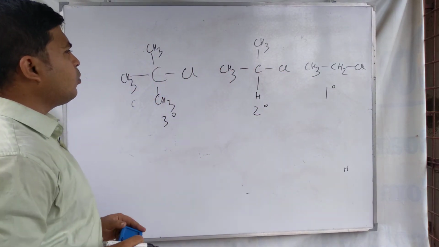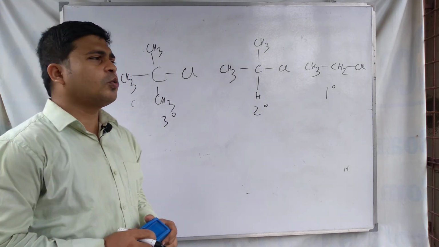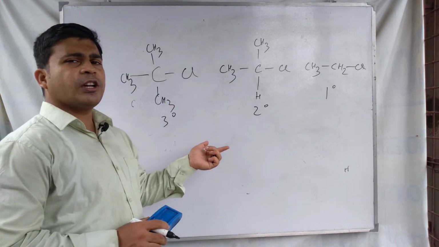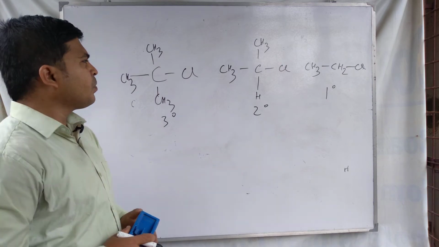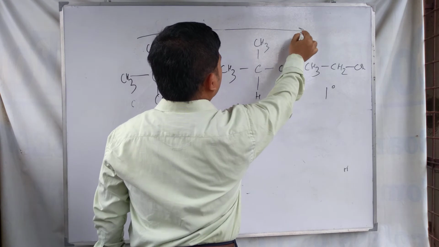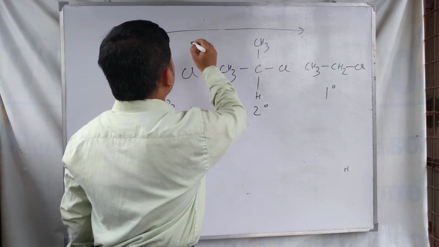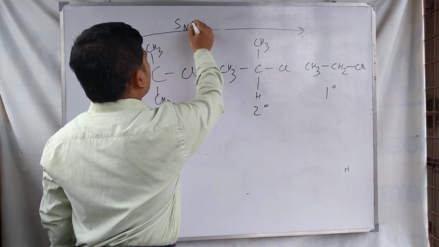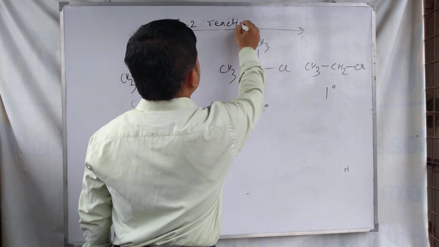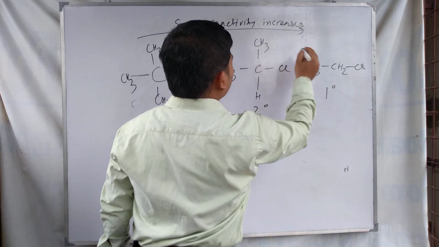For 1 degree, 2 degree and 3 degree alkyl halides, if we compare the SN1 and SN2 mechanisms, we find the order: from tertiary to 1 degree, SN2 reactivity increases.